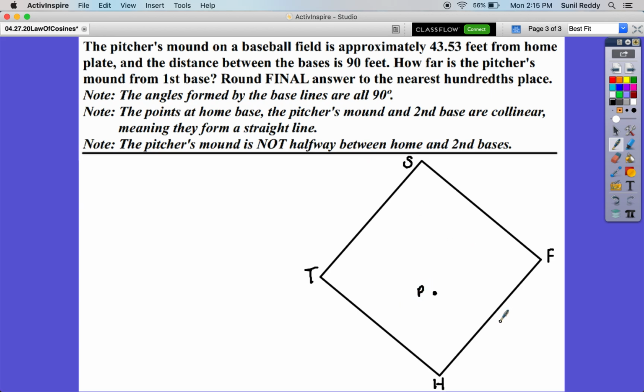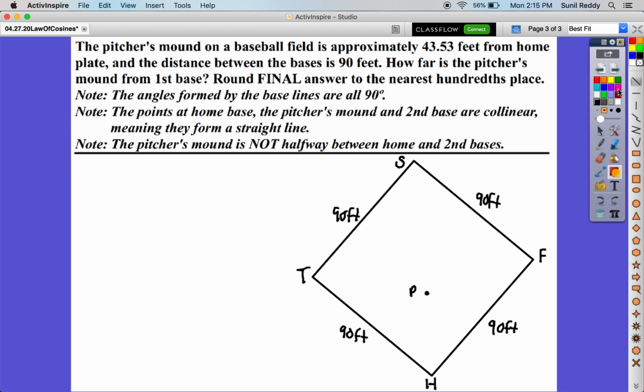We're told all the baselines are 90 feet in distance, so I'm going to label that in my picture. And we're told the distance from the pitcher's mound to home plate is 43.53 feet, so I'm going to go ahead and label that.